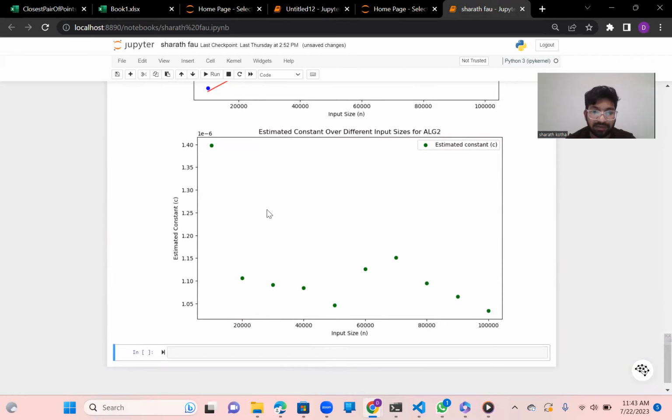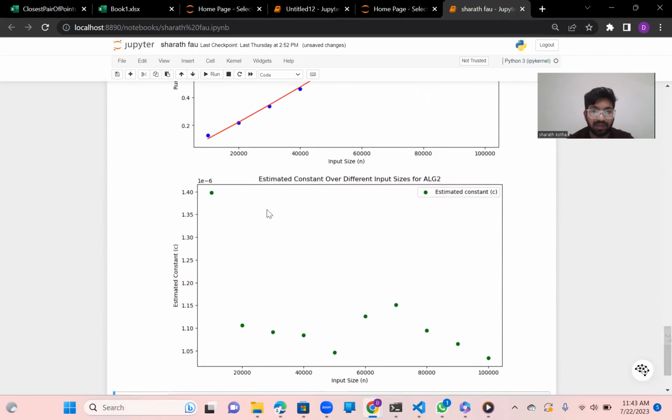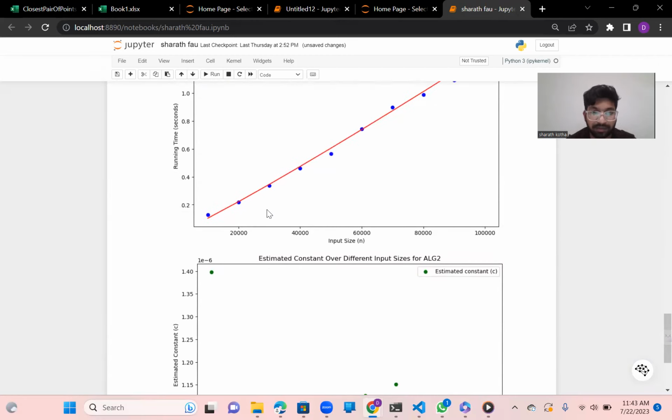I hope this gives a better understanding of how these algorithms work and how to implement them in Python. The main difference is that the brute force algorithm deals with small data sets, where it easily finds the distance between pairs of points.